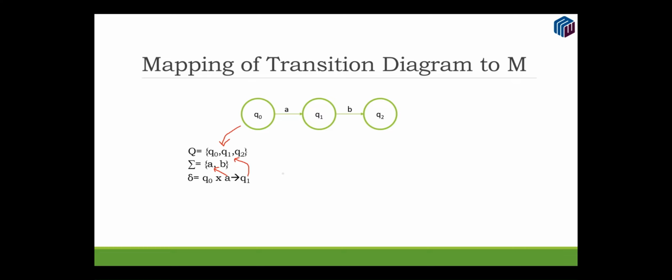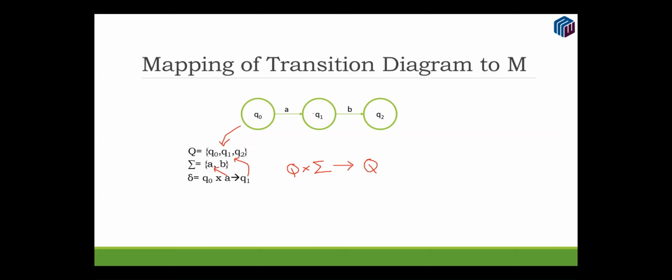So we are saying Q times sigma to Q. The initial or starting state Q naught is available in the capital Q. Sigma is taken from the delta, that is a, and for Q we get the output Q, which is available in the set of states.